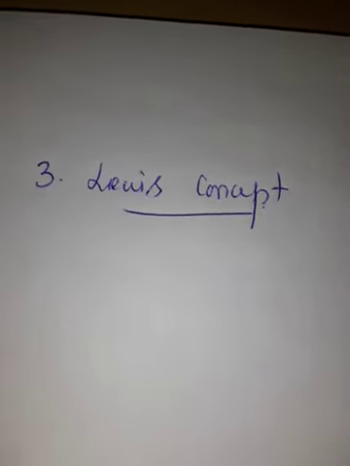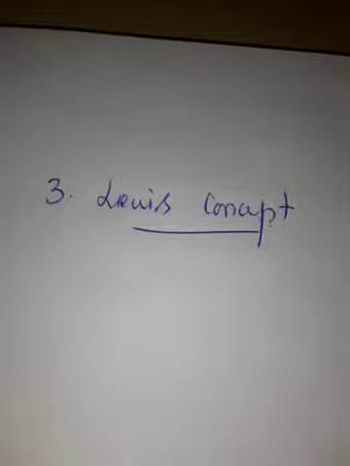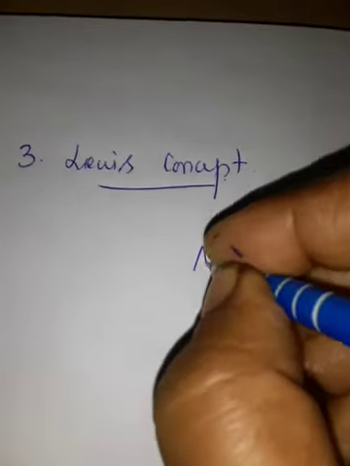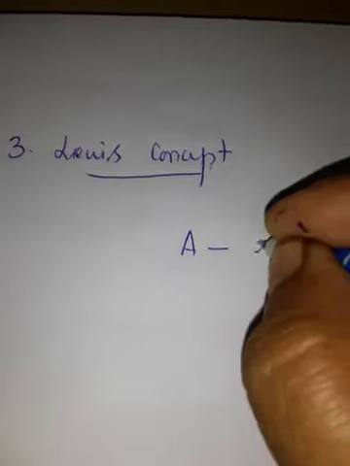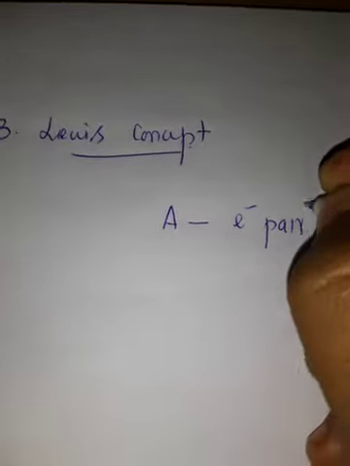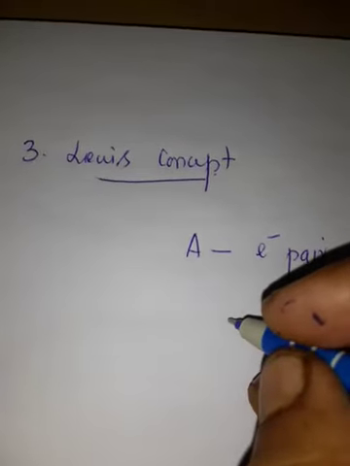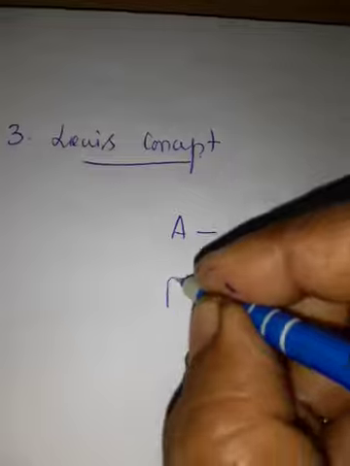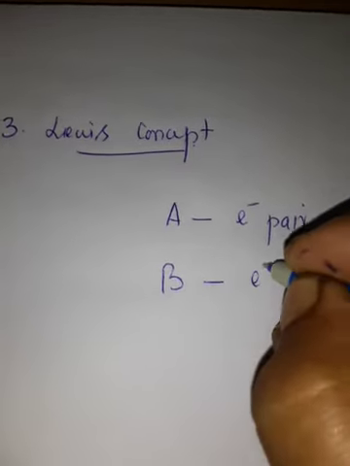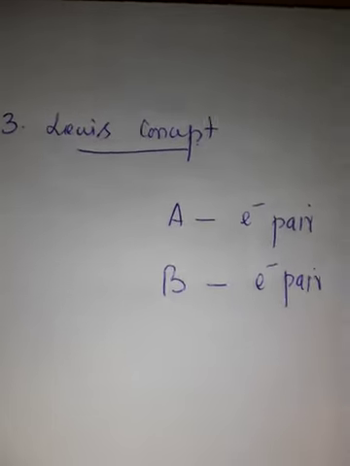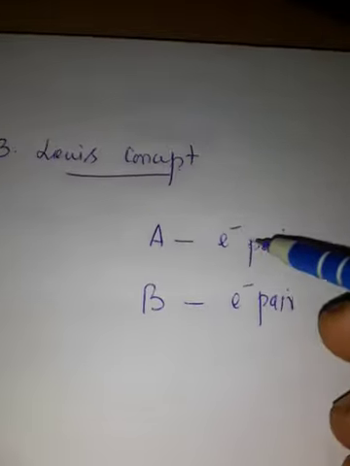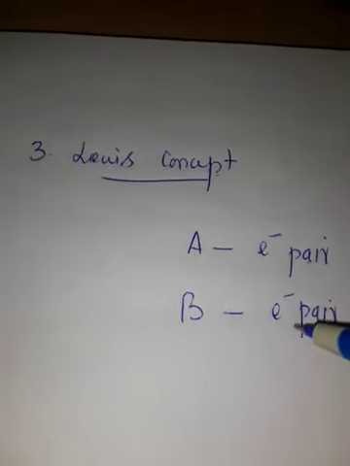According to him, an acid is a species that accepts an electron pair, and a base is a species that donates an electron pair. So we call them Lewis acids and Lewis bases.